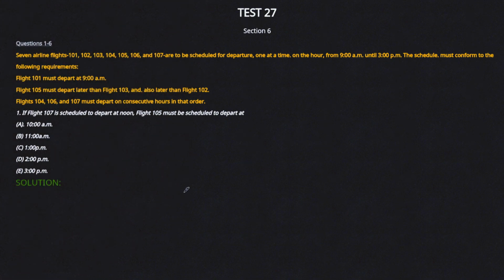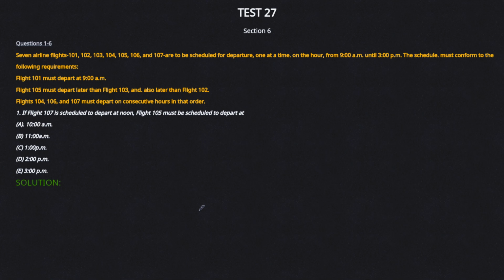Section number 6, questions 1 to 6. The premise is 7 airline flights 101, 102, 103, 104, 105, 106, and 107 are to be scheduled for departure one at a time on the hour from 9 a.m. until 3 p.m. The schedule must conform to the following requirements.